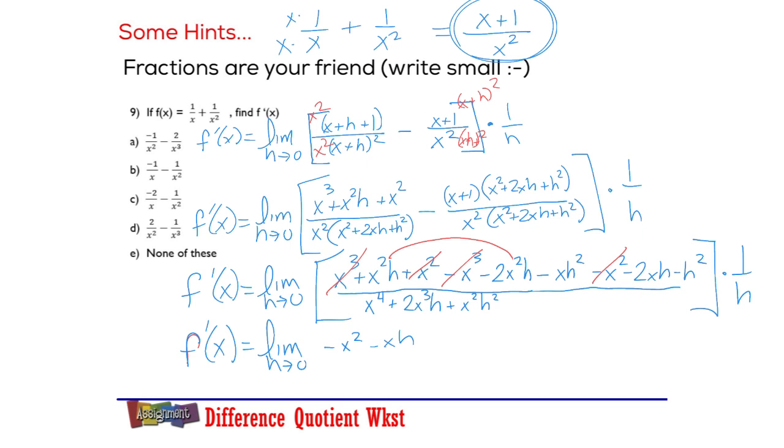The next term is right here. That h is going to go away, and I'm just going to have a minus 2x. And then that last term is going to be a minus h. And this is all over your common denominator.